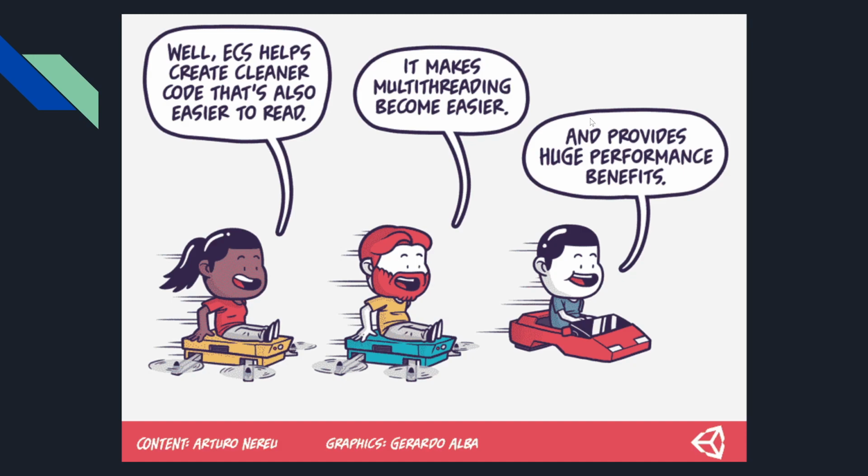That's basically how it also makes multi-threading easier. This is what the job system is for. Once everything is contiguous in memory, it's easy enough to break those chunks into smaller chunks, throw them out to different threads, and then have the system work on those different threads.